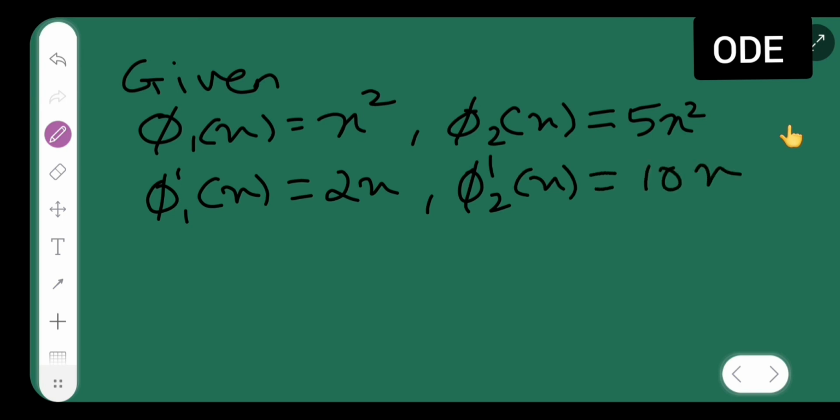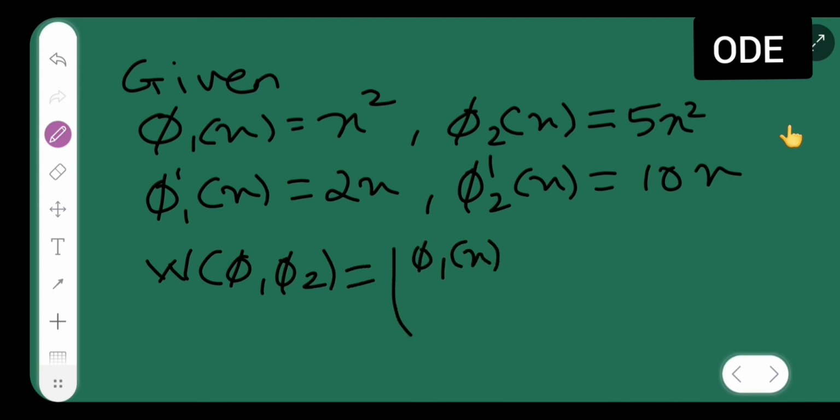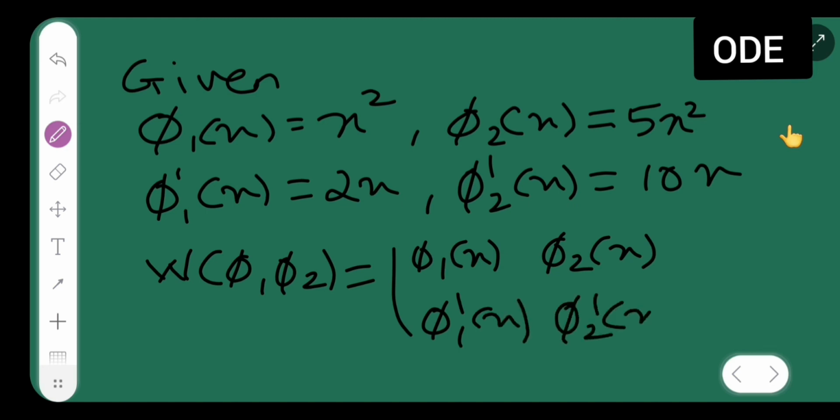Now let us find the Wronskian. Wronskian of phi 1, phi 2 is phi 1 of x, phi 2 of x, then phi 1 dash of x and phi 2 dash of x.